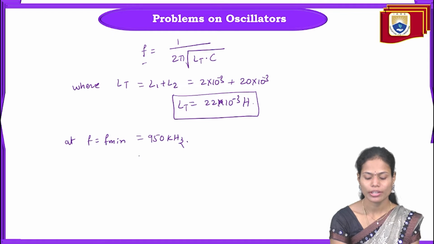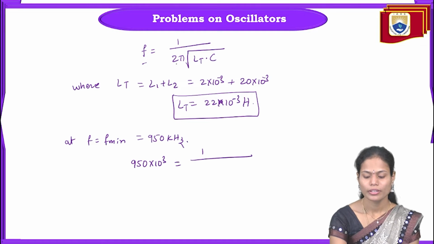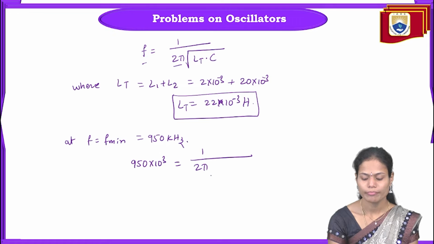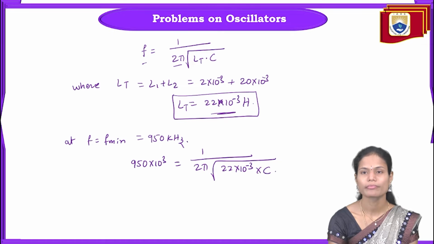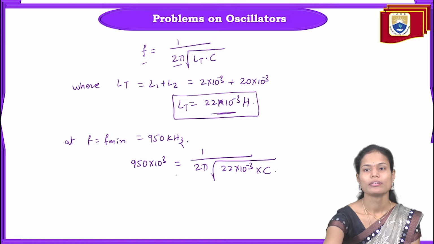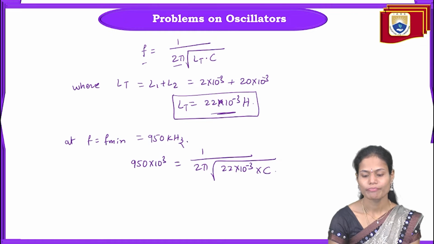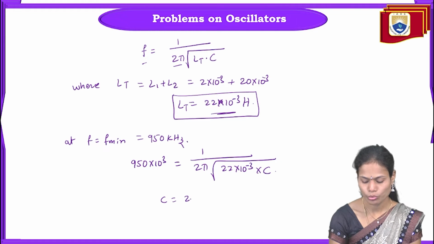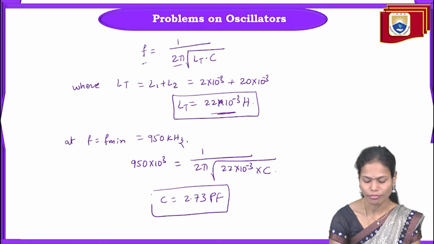At F value 950 into 10 power 3, equal to 1 divided by 2 pi under root of total inductance, 22 millihenries, into capacitance. If we solve this, we will get the value of capacitance as 2.73 picofarads.